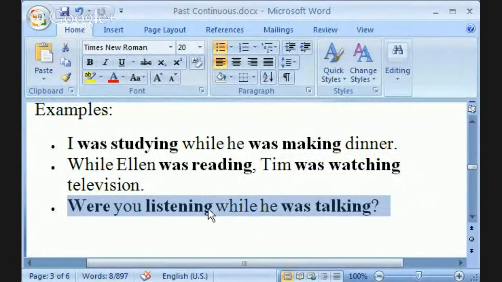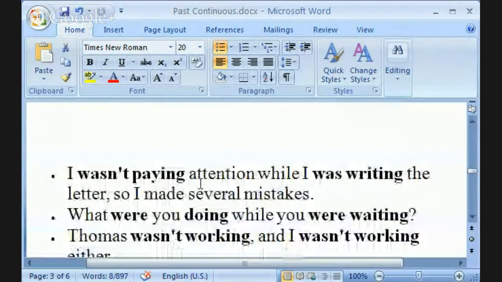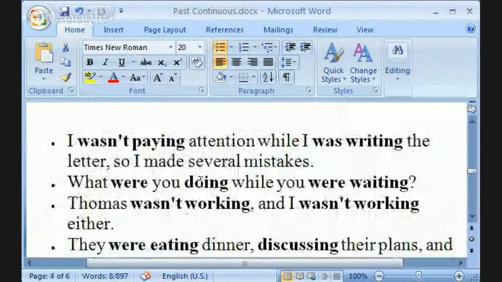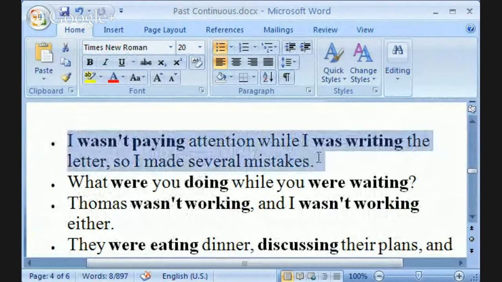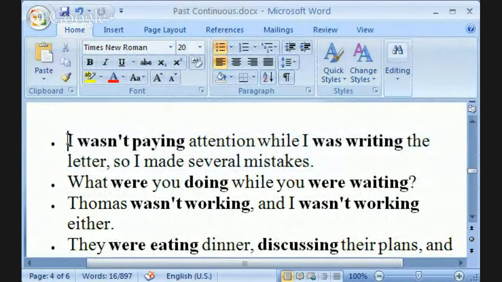Okay. Two things that take duration at the same time. Okay. Well, look at this example. Two continuous actions. I wasn't paying attention while I was writing the letter. And then a connective here. So I made several mistakes.